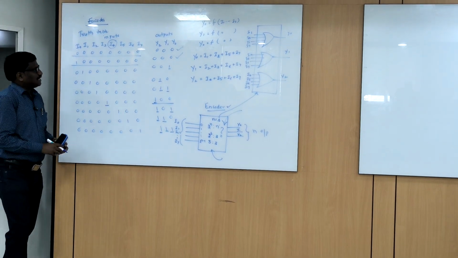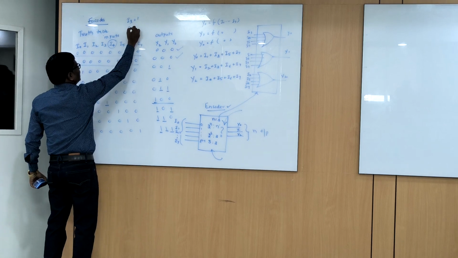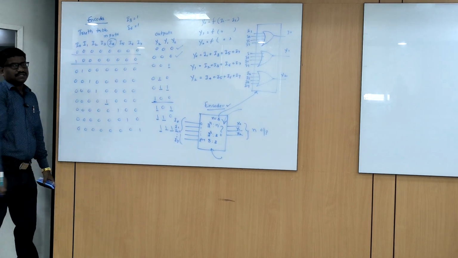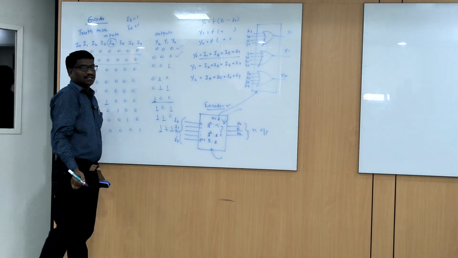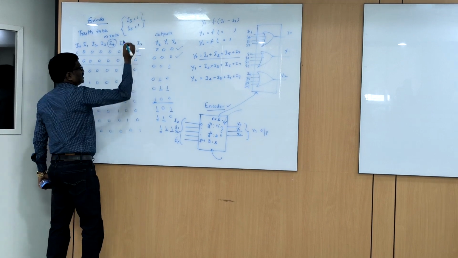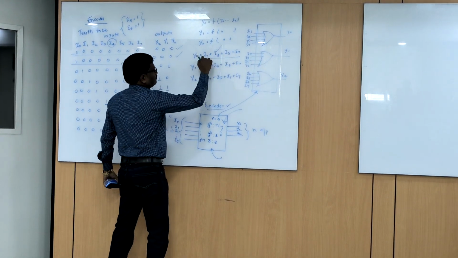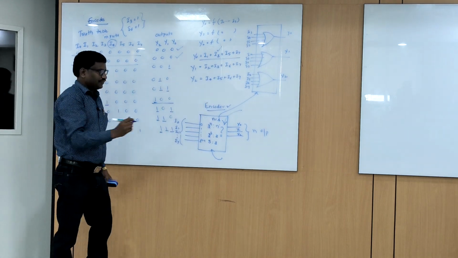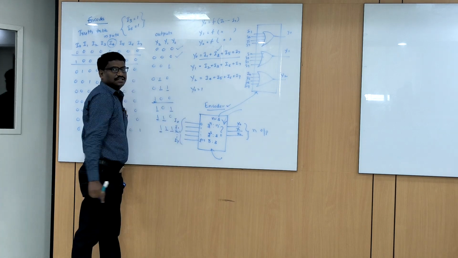But for example, if I3 is 1 and I6 is also 1, what will be the output as per the equations? Rest all are zeros. I3 is present, 1 plus something, 1 only. So Y0 will be 1. What about Y1?